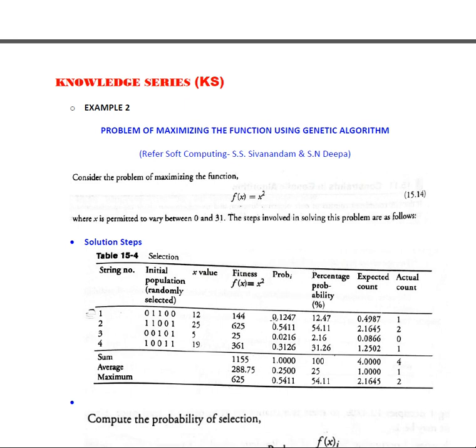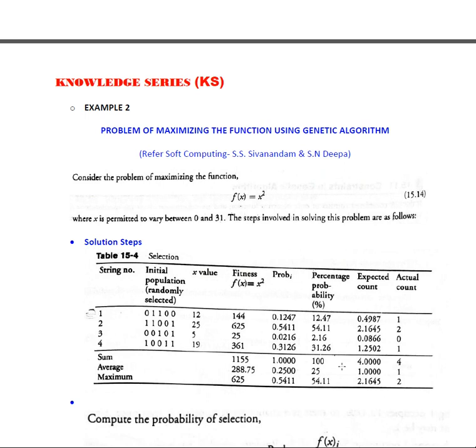Similarly, we take the probabilities also. When we sum them, it is going to be 1, and we take the average and the maximum as well. When we take it in terms of 100%, we get the similar values. When we combine it, the sum is 100, the average 25, and the maximum 25.